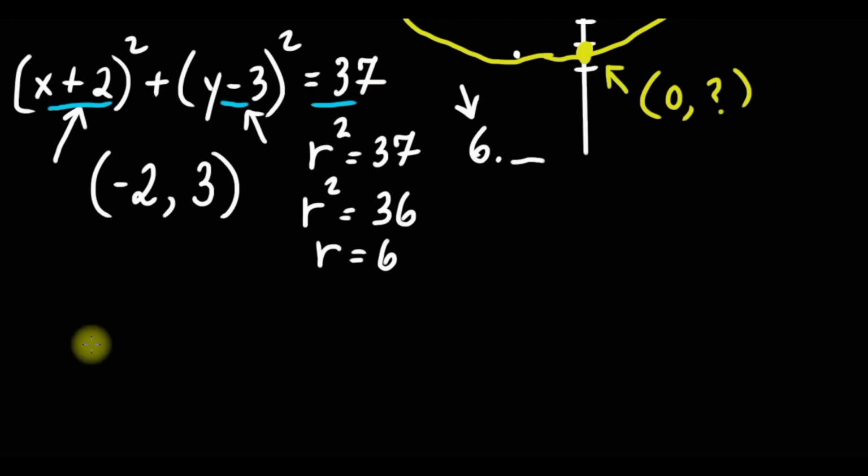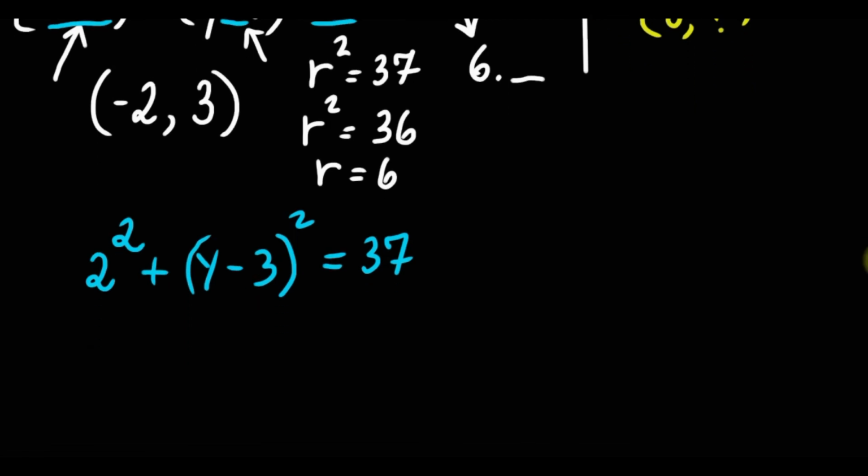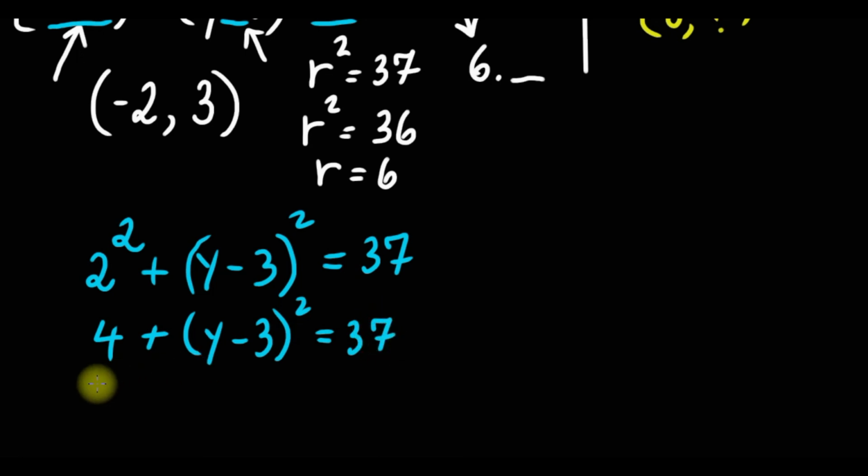So 0 plus 2 is going to be 2, so 2 squared, and then (y − 3)². We don't know what y is, we're solving for it, and that comes out to 37. So solve for y. Here we have 4 + (y − 3)² = 37, and then subtract 4.